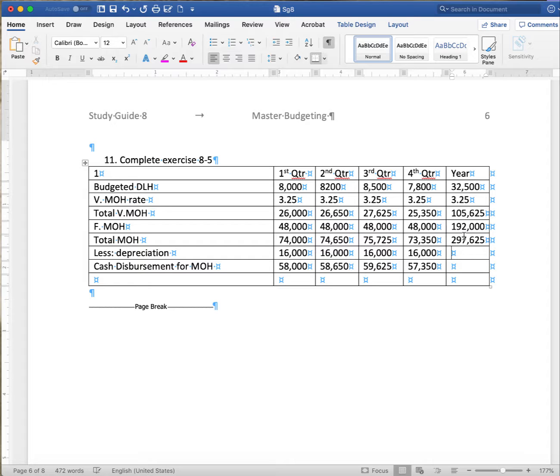Minus my total depreciation. Well, it's 16,000 per quarter times 4. That's 64,000 in depreciation. That means the total cash disbursements for the year for MOH is $233,625.